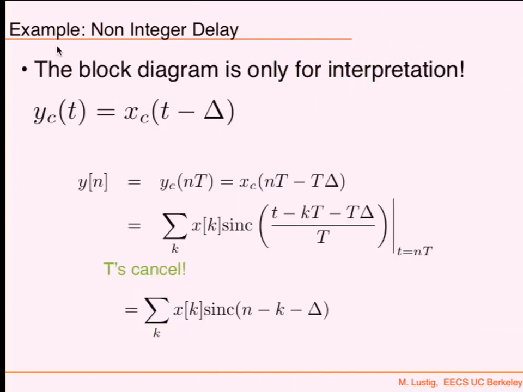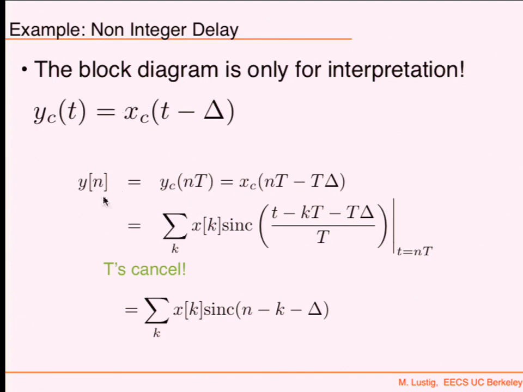So the thing is, this block diagram is really only an interpretation, right? If you look at y_c, it's really x_c(t - Δ). Okay? So let's see how does it look in just using discrete time processing, because it's a discrete system after all, right? It is a discrete system.